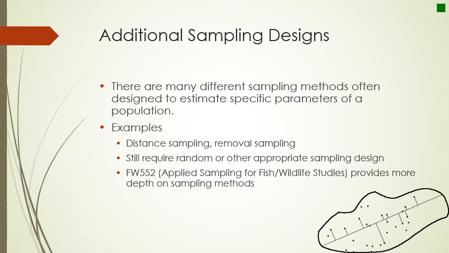Presumably you're going to catch fewer fish because you've already removed some individuals from the population. You do that 3 or 4 times and you can come up with a pretty good estimate of the total population. All of these approaches still require some random or other appropriate sampling design underneath them.